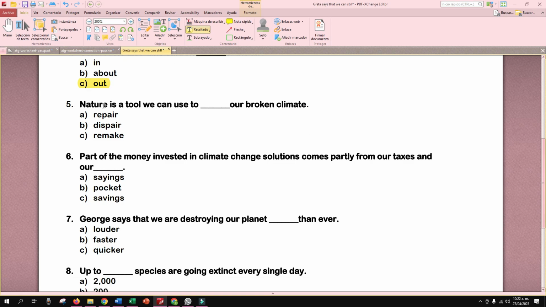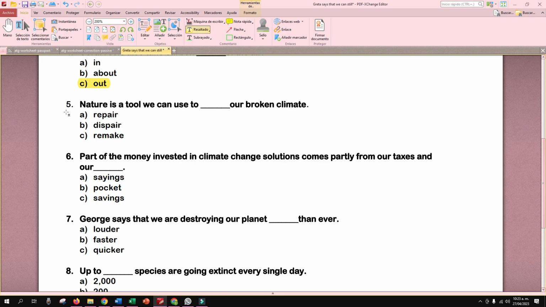Nature is a tool we can use to repaired, despaired, or remake our broken climate. It's repair, yeah? Repaired, or despair?